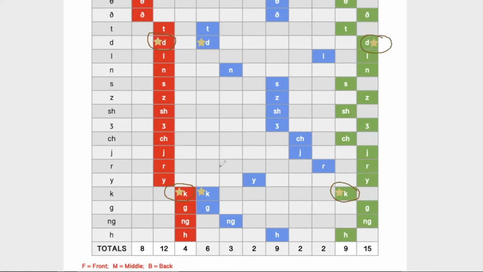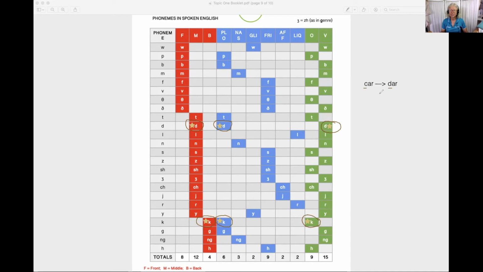And what are they doing with manner? Plosive, plosive. Nothing. The plosive is right. So this is why children change k to d. They want to keep a plosive, and they do. They keep the right manner, but they change the position to further forward in the mouth, which is easier. And they change from voiceless to voiced, which is easier.